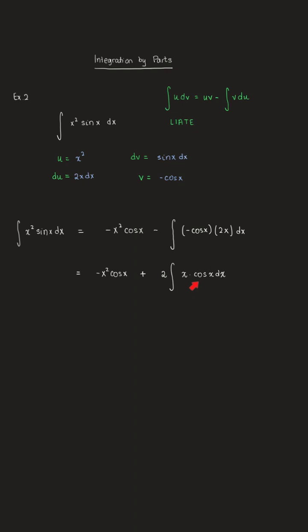We still have a trig function. So I would say that this is less complex than our original because the power of x has gone down by 1. And so I would assume that if we try to do integration by parts one more time, then if the power of x goes down again, x to the 0 will be just a 1, a constant, and we'll have a trig function to integrate, which we know how to do.